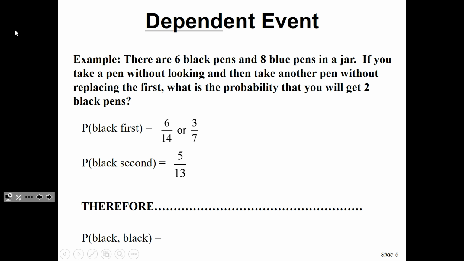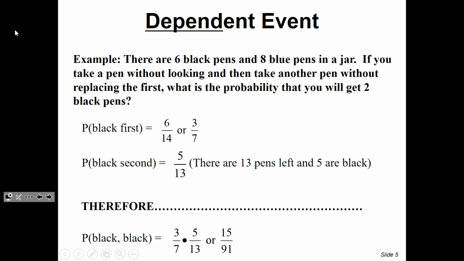Now, just like in the previous formula, we should do what with these 2 events? Multiply them together. So I would have 3 over 7 times 5 over 13, which is a probability of 15 over 91. So your chances go down because you already drew one of them out.